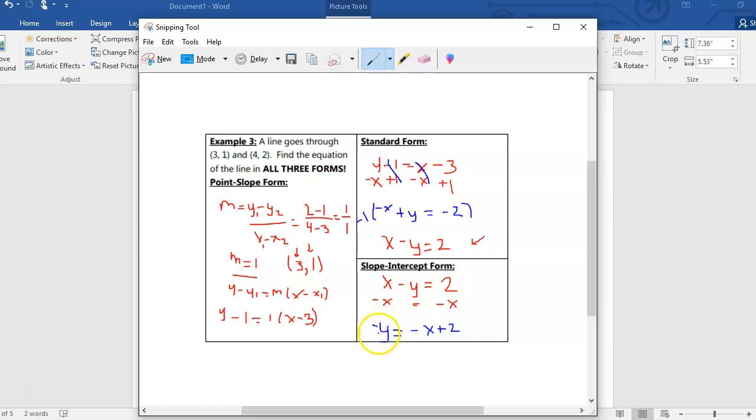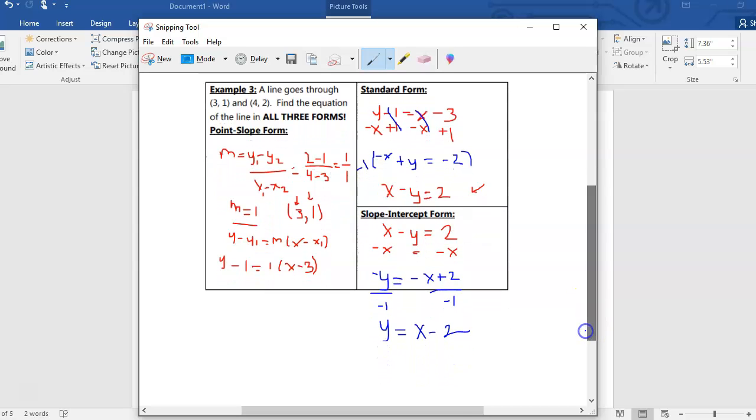And then the y is negative, so I've got to get rid of that by dividing by -1 on both sides. And then I'm left with y equals x minus 2. Now this is in y equals mx plus b form. I can clearly see that the y-intercept is going to happen at 0, -2, right? And it matches, right? My slope is 1.